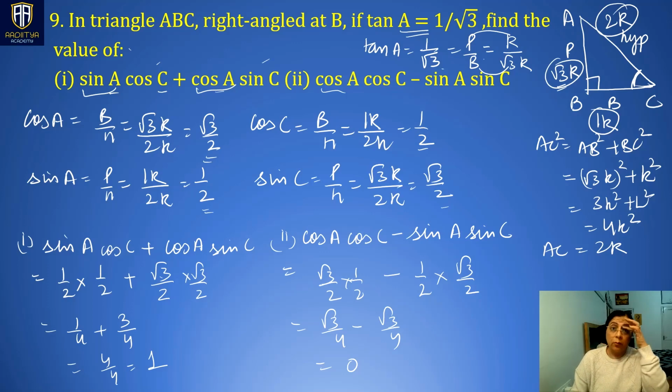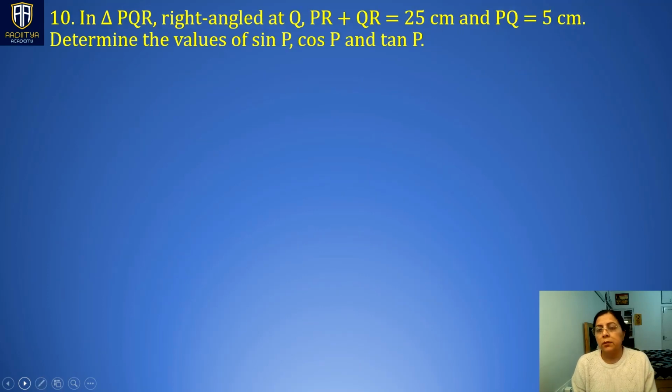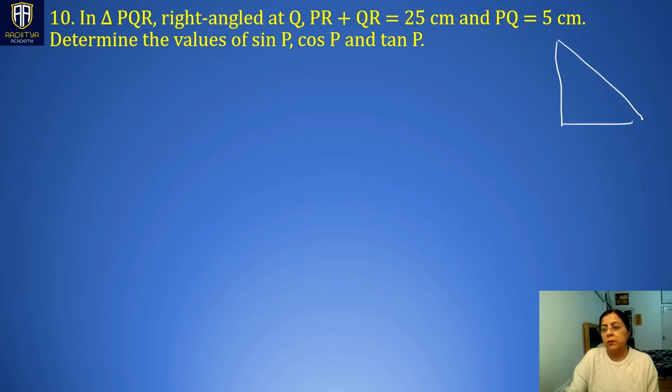Right? So now we are done with question 9, and the final question is PQR right angled at Q. So first we have to make the triangle right angled at Q, right? PQR. This is 90-degree angle. This becomes hypotenuse.